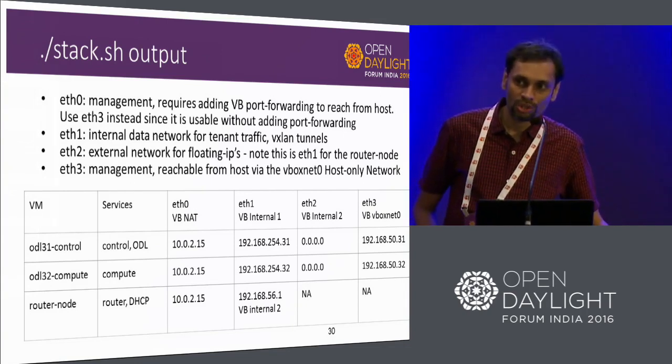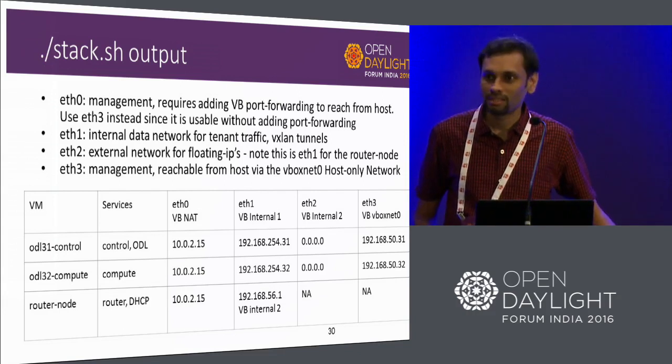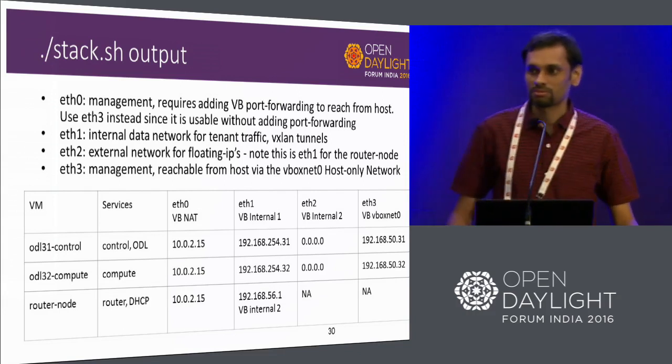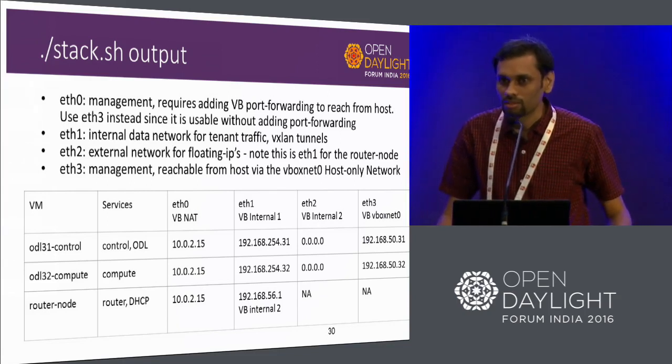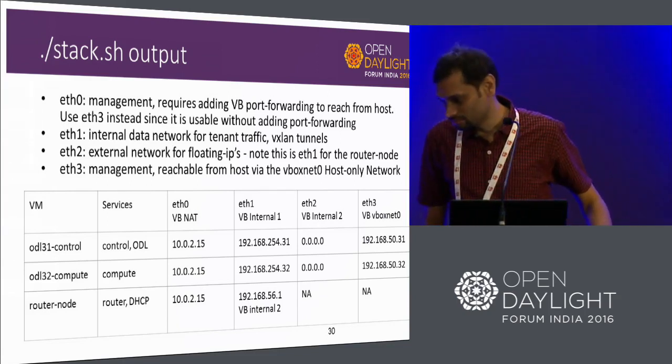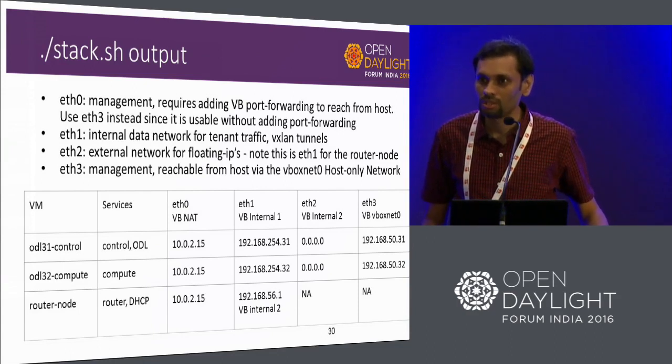You are asking about Horizon access, sir? Excellent. Admin, I guess. Yeah. So basically, after you run stack.sh, the last 5 lines will give certain pieces of information. In that, it will actually tell you how to access Horizon.